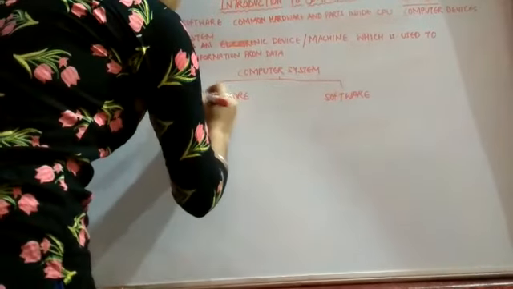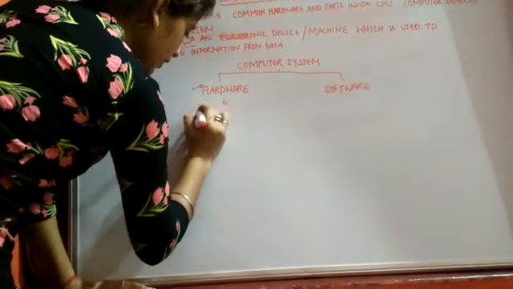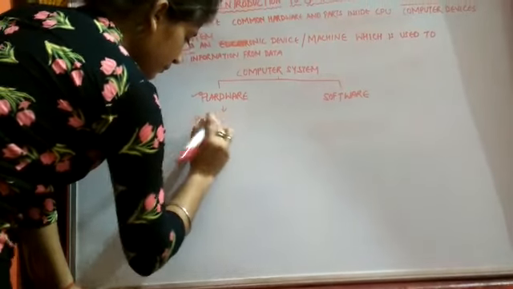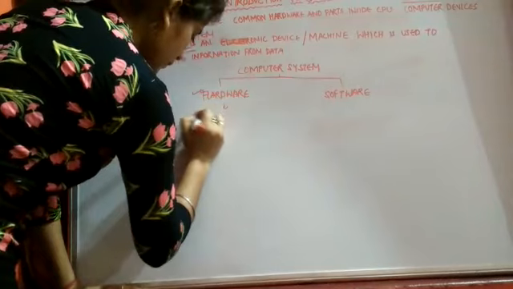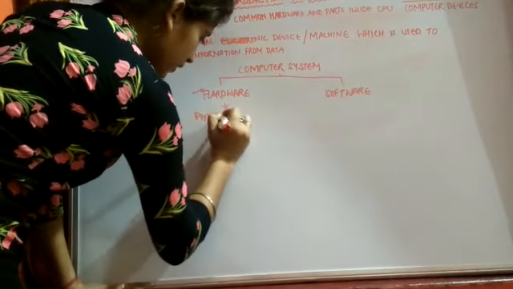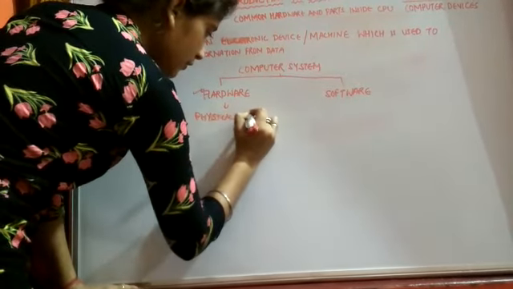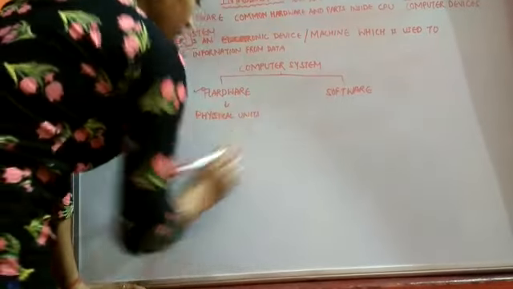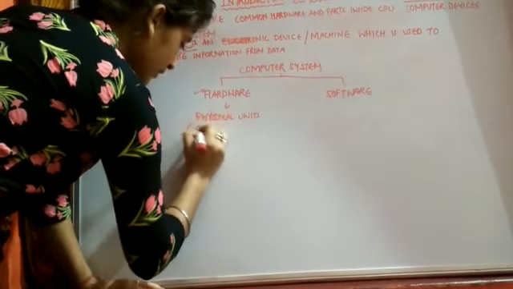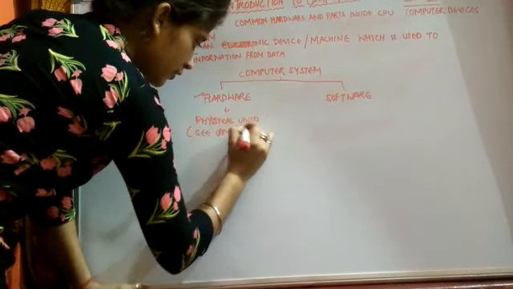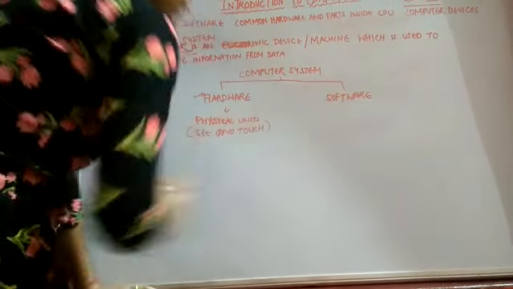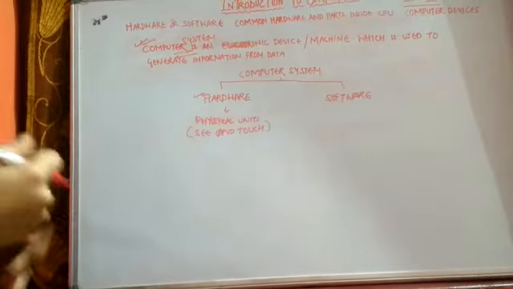So now, what is hardware? Hardware are the physical units of a computer which we can see and touch. Now, what are the examples?